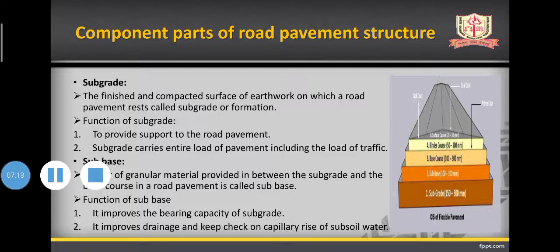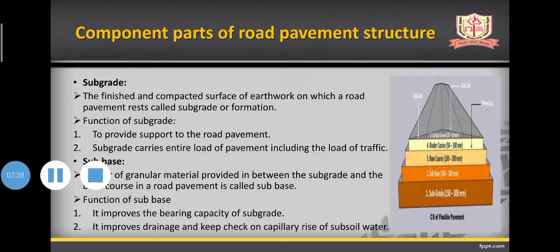Then after leveling, we provide the required slope on the subgrade soil, and we are going to compact it. Whichever surface we get after compacting, that is our subgrade soil. What is the main function of the subgrade soil?